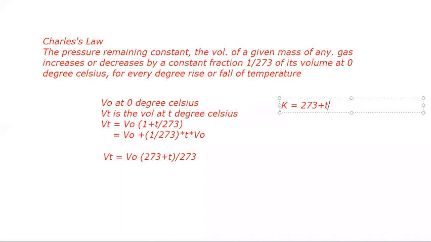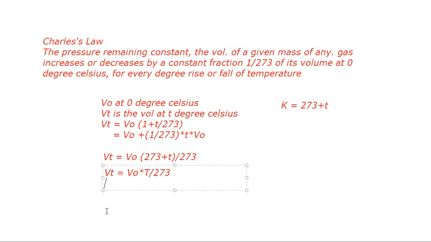So let us change Charles' law from degree Celsius to temperature in Kelvin. We can write Vt is equal to V0 (273 plus T) divided by 273. So we can write Vt is equal to V0 into capital T divided by 273, right?